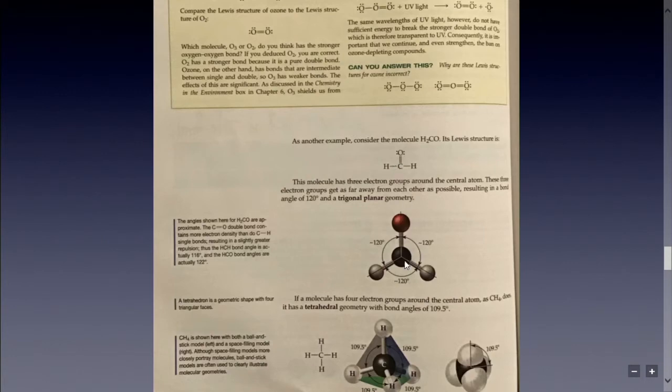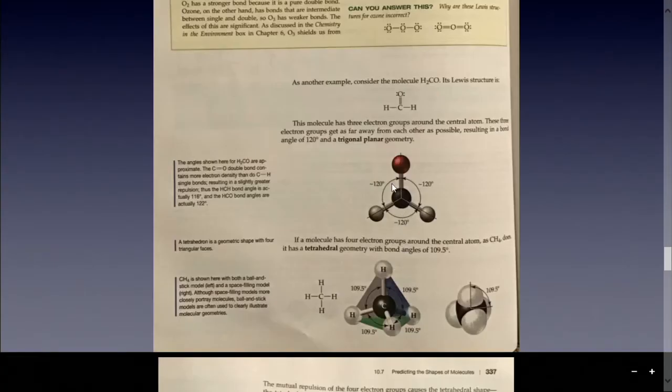Sure. We can spread it a little more evenly so that we have 120 degree bond angles between all of these electron groups. So pretty much assume that this hydrogen is an electron group. The oxygen, anytime you see an atom attached to a central atom, it's basically an electron group because it's going to have some electrons there. So remember, we're concerned with the electrons here. And so this would be a better representation, and this would all be in one plane.